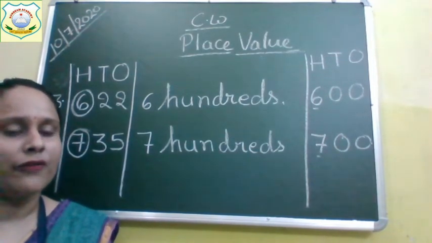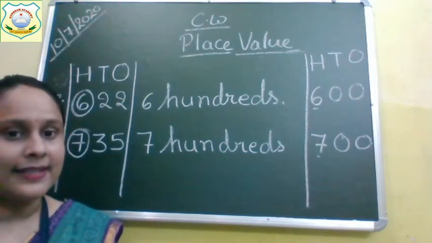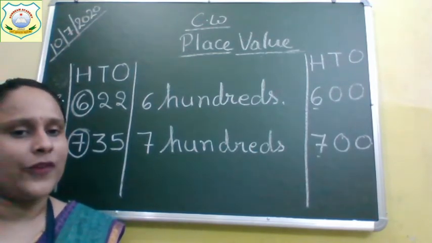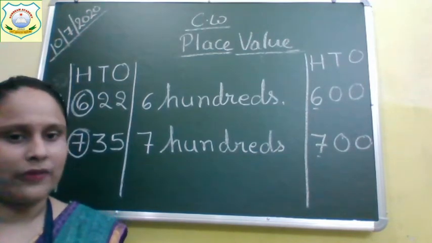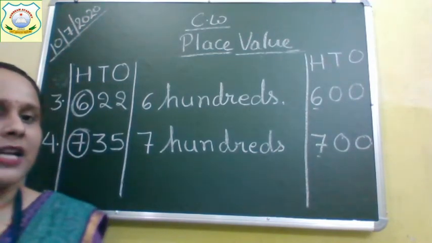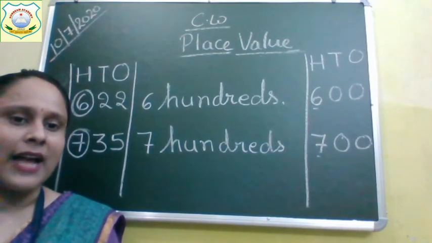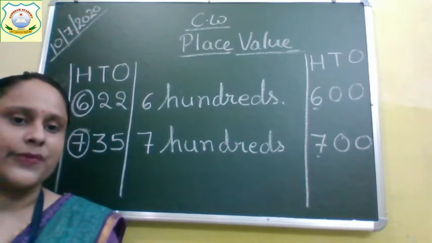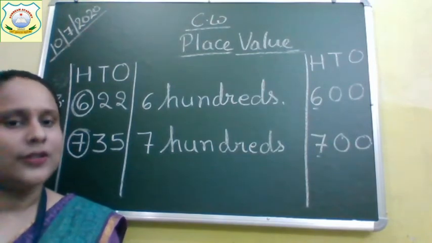First, you will look for the circle number, and when you find the circle number, you will see the places, and when you find the places, what you will do? It becomes very easy for you. If the number is written in ones place, suppose 2 is written in ones place, place value of 2 is 2 ones or 2.